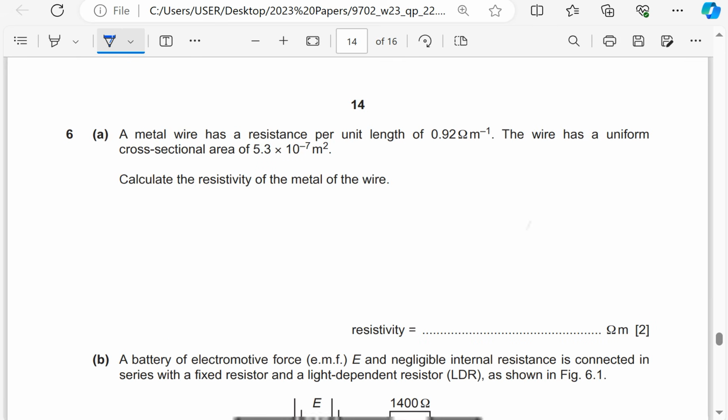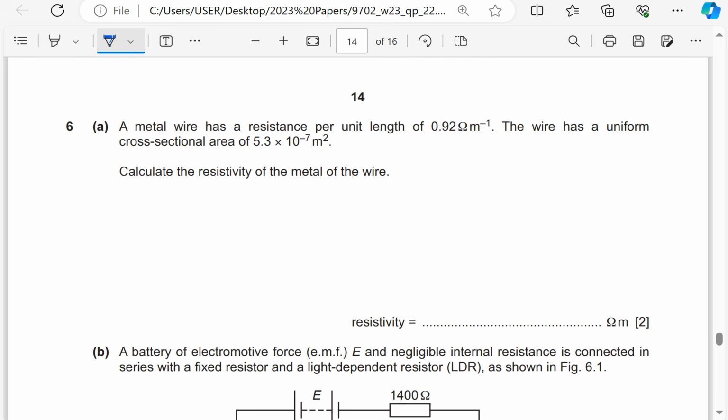Next is electricity. A metal wire has a resistance per unit length, R divided by L, of 0.92. The wire has a uniform cross-sectional area. Actually, the resistivity.